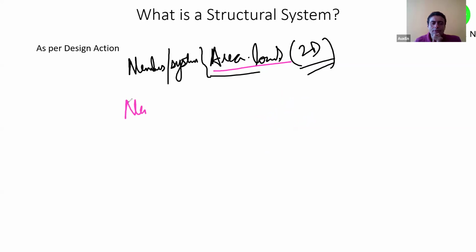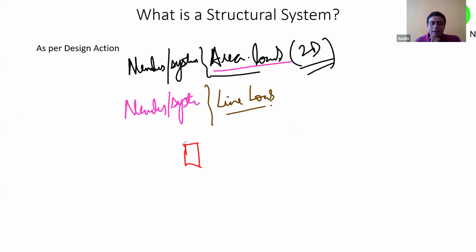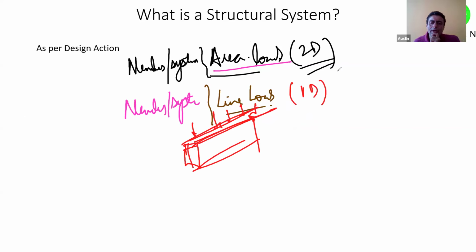Then there can be some members or systems which will be mainly taking the line loads. By line loads, I mean that they have a length, and of course they have width and depth also, but the majority of load that they are taking is along the length of the member. So let's call them 1D elements because they are taking the loads along length.